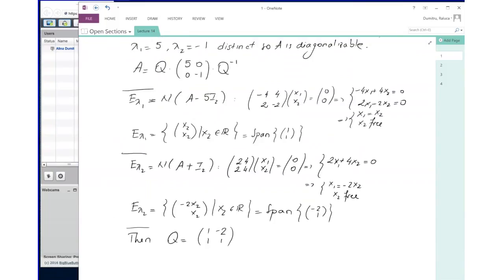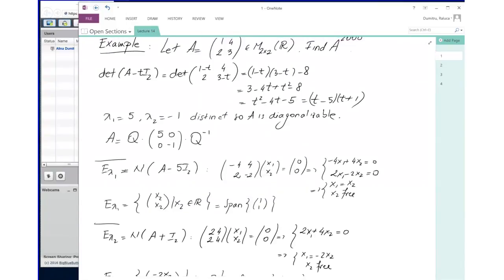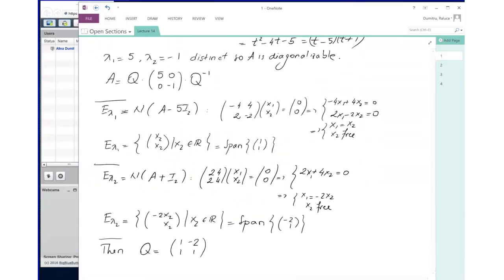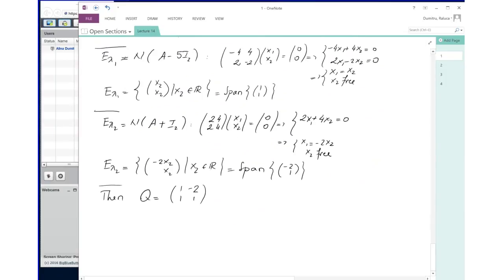So back to our question. A is Q D Q inverse, where D is 5, 0, 0, -1. And I want to find A raised to the power 2000, right? That is (Q D Q inverse) raised to the power 2000.